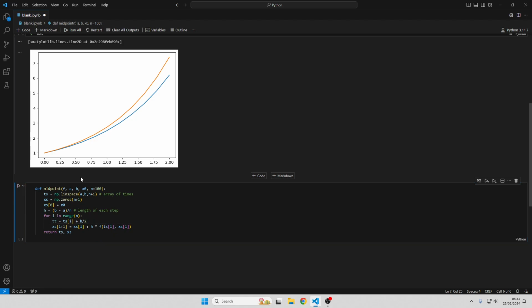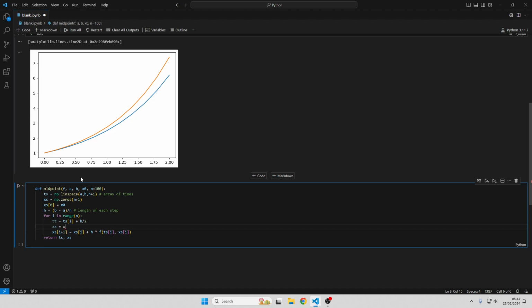Now we need to know what the value of x is at the middle of the time step. Well, we don't actually know that. That's the kind of thing we're already trying to work out. But we can just use the Euler method to work out what x is at the middle of the time step. So we do the same sort of thing here.